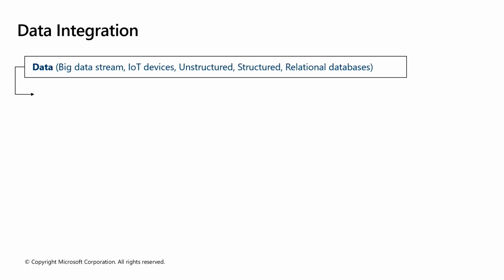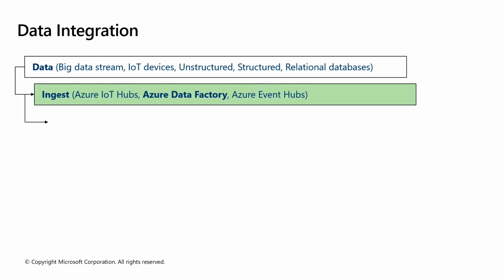First, we'll look at the end-to-end analytic and integration flow, because once we see the flow, every service lands in the right box. We start with the data. It might be IoT telemetry, files, logs, structured or unstructured data. Then we ingest, for example using Azure Data Factory or Event Hubs.